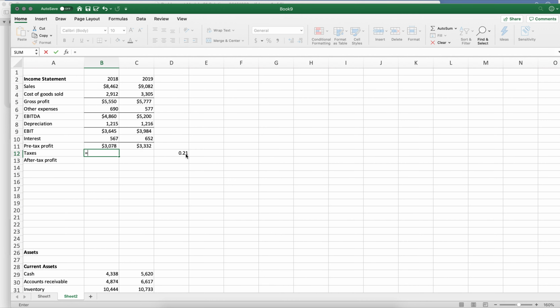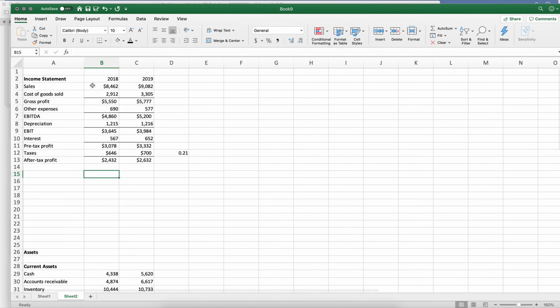So our taxes are going to be that times that. Let me lock this cell. And let's just get rid of the last decimal places. We don't need those. Minus that. And add a border.